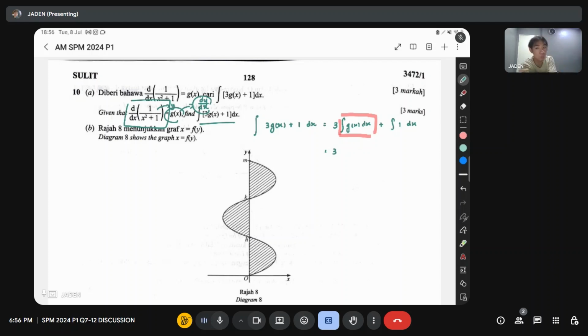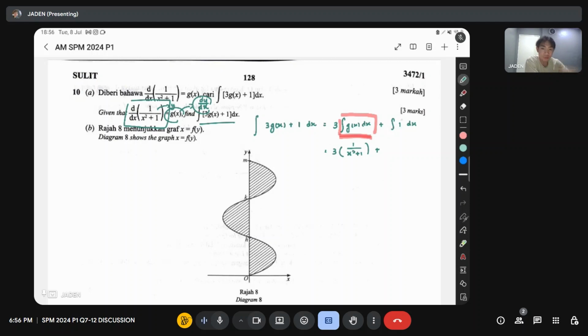You get back your original y. So over here, when you integrate gx, that means you get back your original y. What is your original y? As I told you, it's in the bracket, 1 over x squared plus 1. So there is nothing for you to think. You just replace it. But integrating 1, a little bit of job to do.